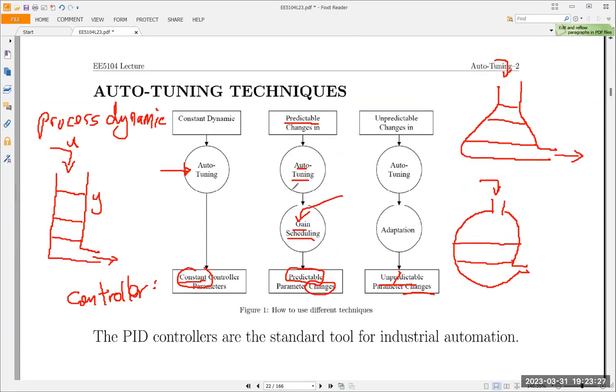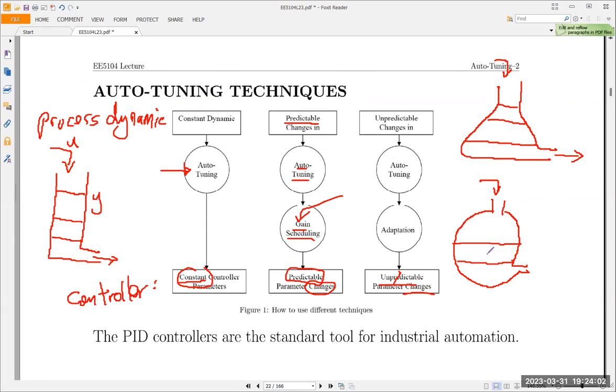This one, you remember when I draw the picture, it is this type, whereby your plant transfer function will change. So your controller must change because the plant changes. If you're at this level, the plant changes. So the controller must change.